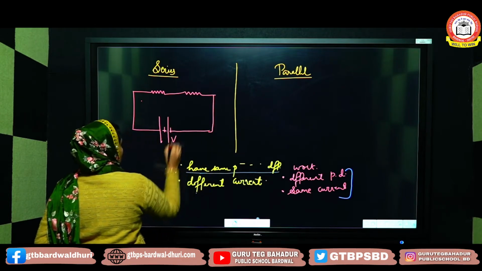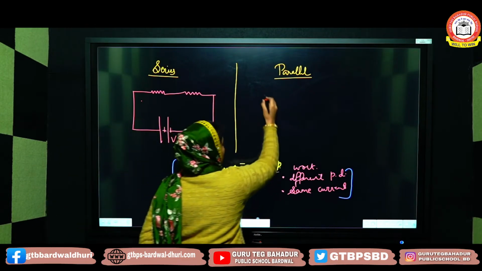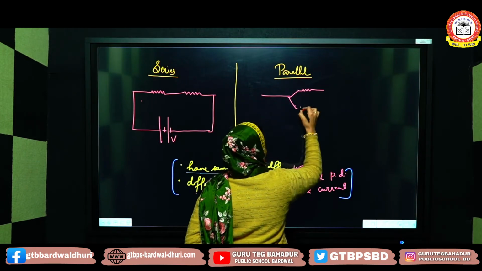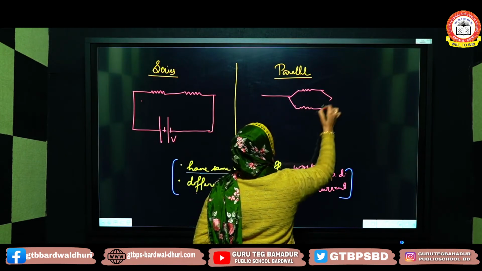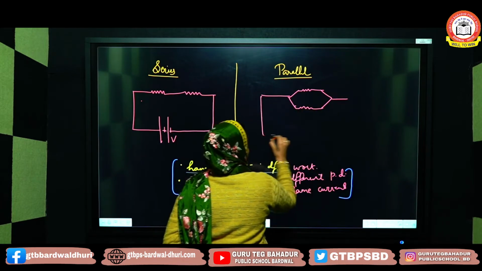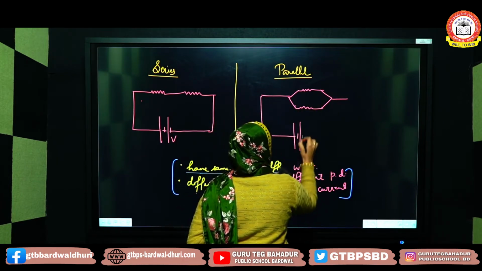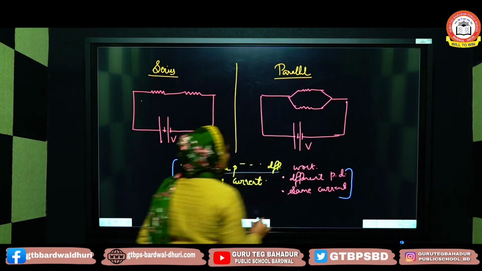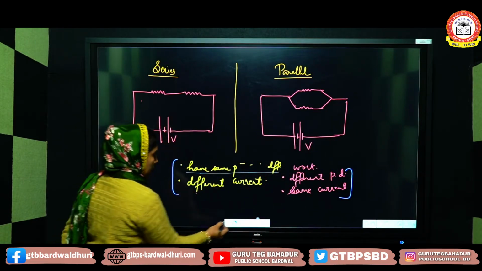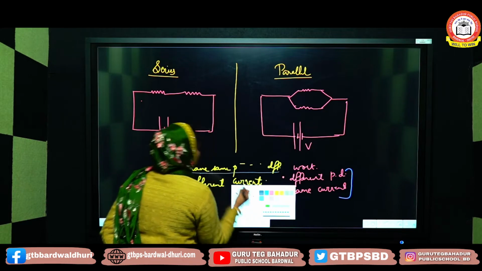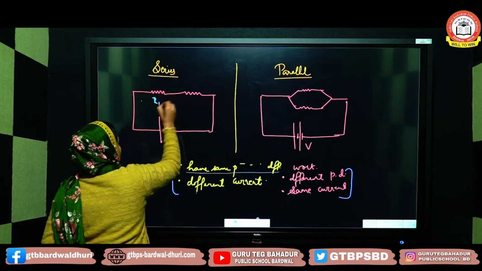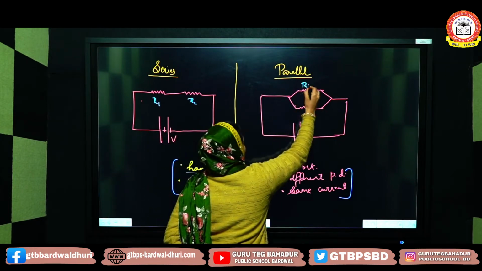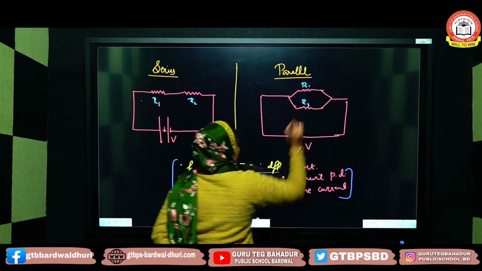This is V, and in parallel combination the resistances are connected in parallel, and they are also connected to some source, and that is a battery here. V is the potential difference across the battery. Let the resistances be R1 and R2, and here also R1 and R2.